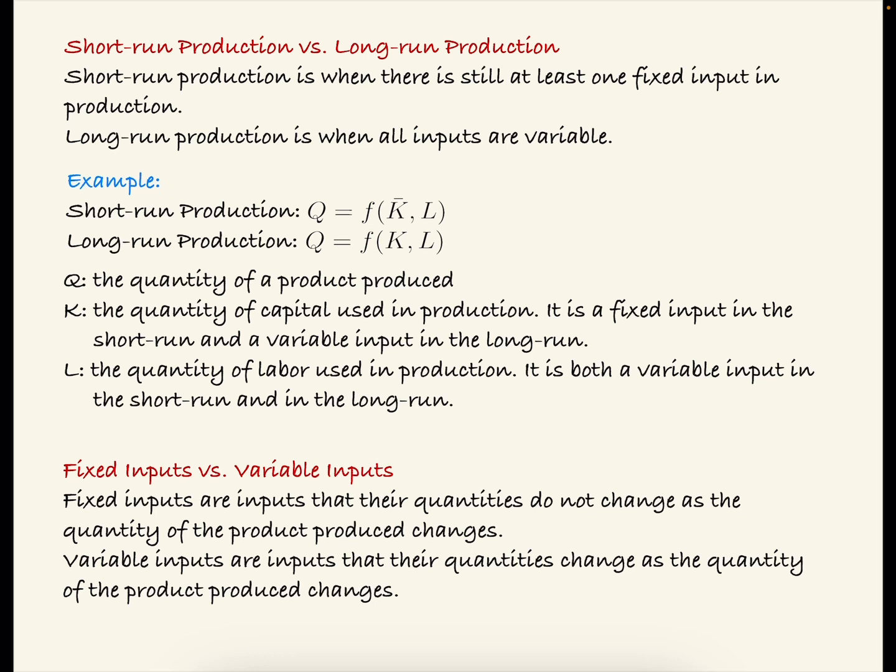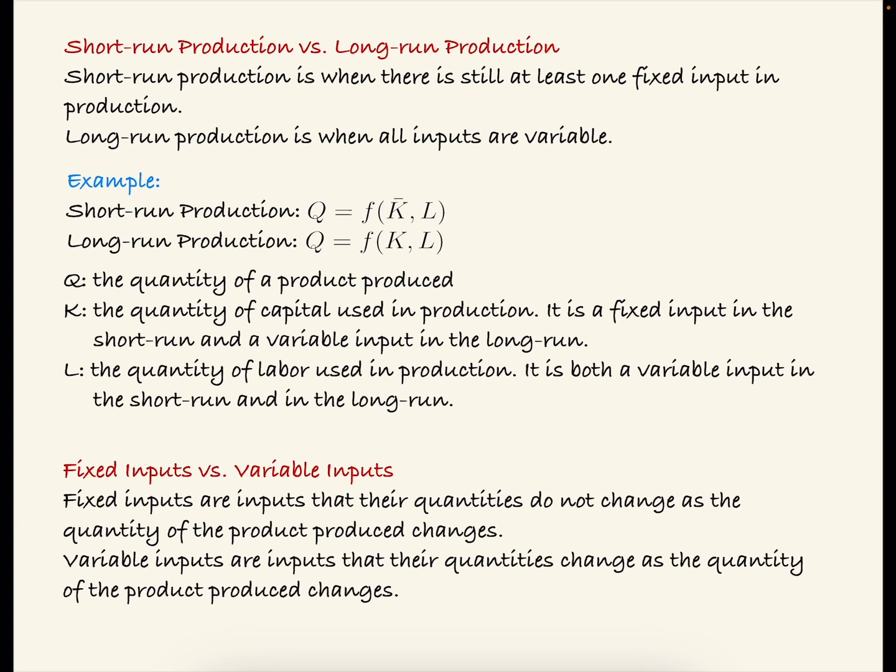Here's an example. Short-run production is Q, the quantity of a product produced, being a function of K, which in the short run is fixed, and L, the quantity of labor used in production. Long-run production is Q, the quantity of a product produced, being a function of K, which since it is the long run is a variable input, and L, which is the quantity of labor used in production.